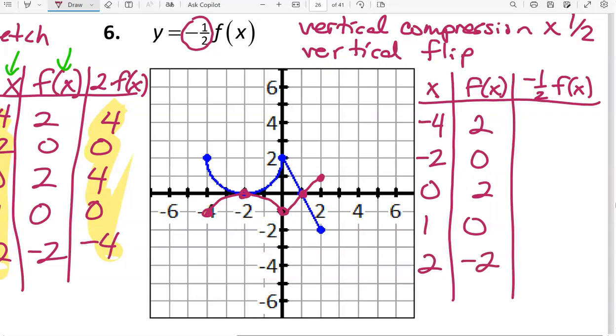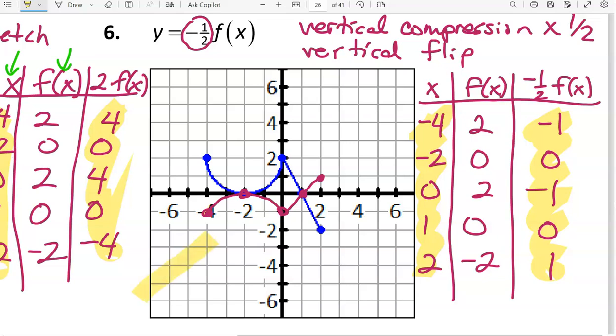To find the -1/2 times f of x values, just take the f of x values and multiply by -1/2. And then graph those points given by the x's and the y's for the function, and that will produce that new graph.